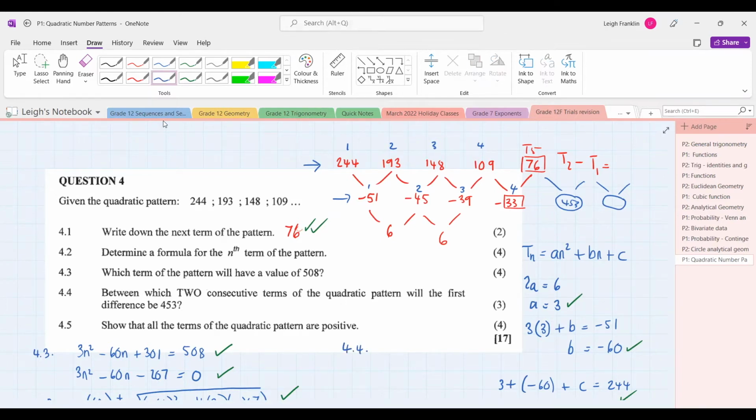So if our pattern is linear, Nick is saying we can use Tn equals a plus (n minus 1) times d, which we surely can because our pattern of first differences is indeed linear, right? So we know that in this case, the Tn is going to be 453. When they say between which two consecutive terms, which variable are they expecting us to solve for?